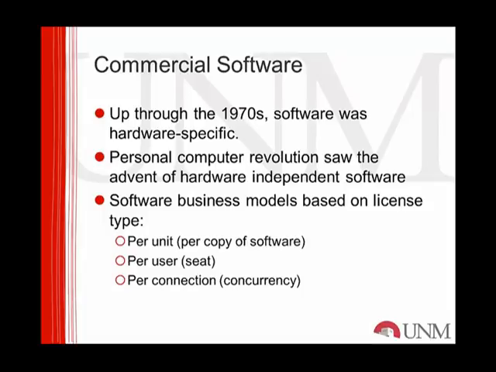The personal computer revolution saw a big shift in that kind of model to where software became hardware independent. You could buy a piece of software off a shelf to run in your personal PC that could be run on a number of different types of hardware platforms and operating systems.